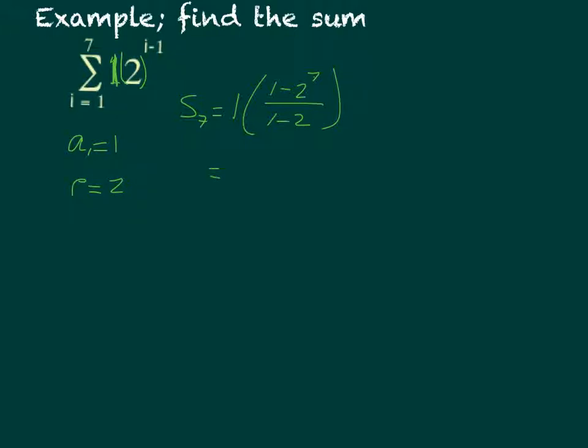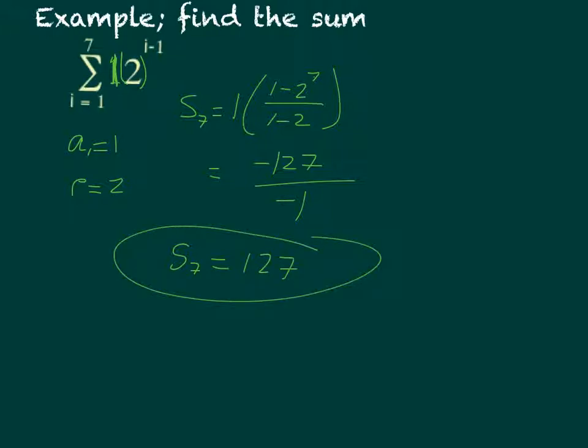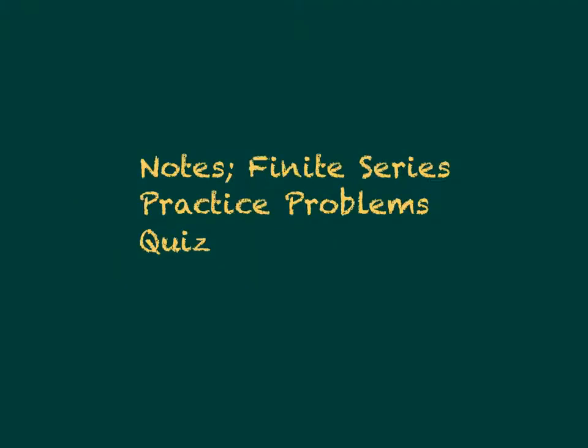So that's going to equal 1 minus 2 to the 7th power is actually going to be a negative 127 over 1 minus 2, which is a negative 1. So that means that S sub 7 is equal to a positive 127. Final answer.